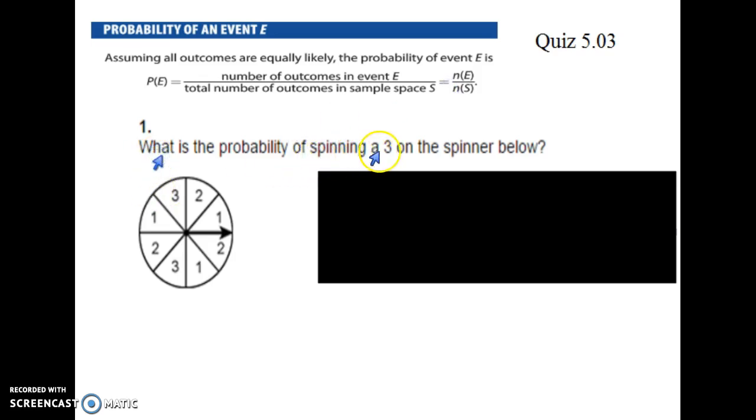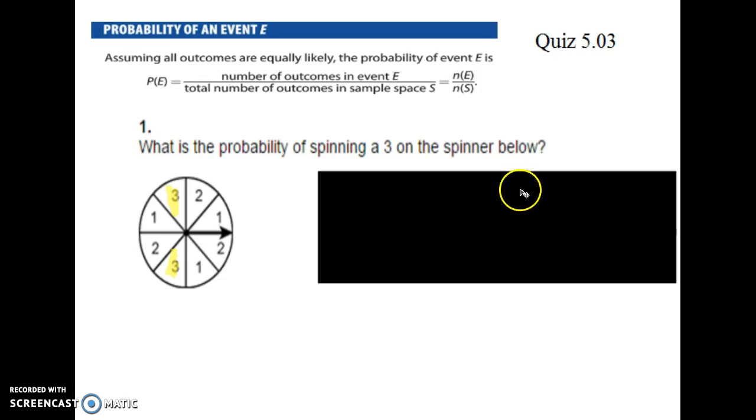What is the probability of spinning a 3 on the spinner below? So check it out. So we need these two pieces of information. How many 3s are there on this spinning wheel? If we look, there are only 2, right? We have one here and one here.